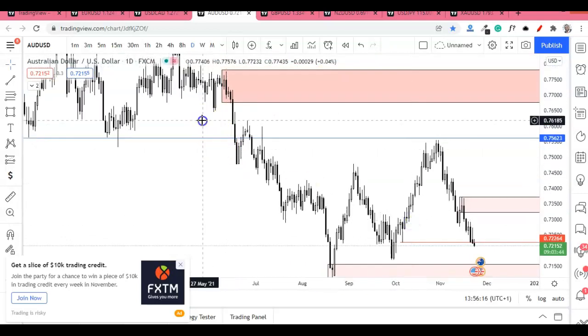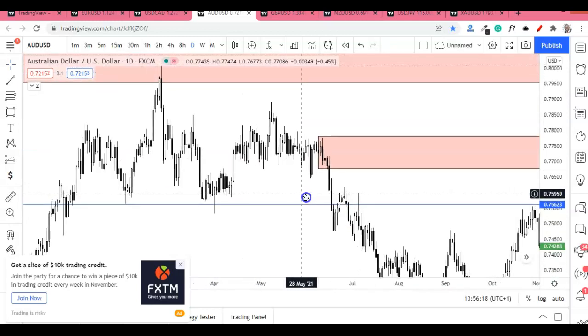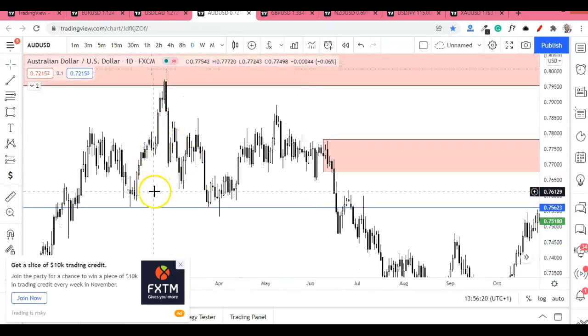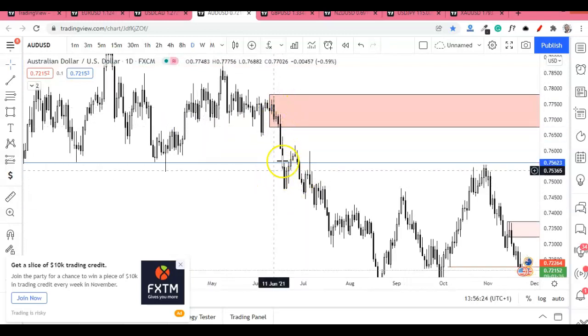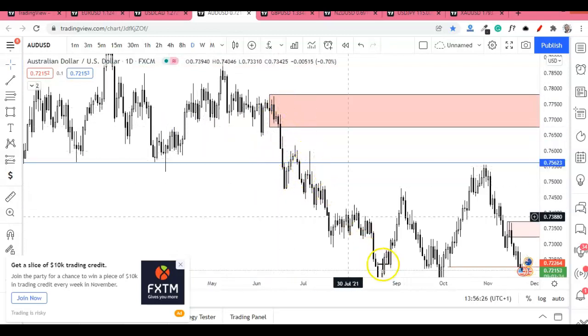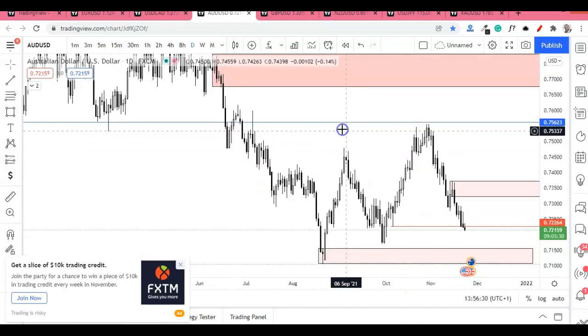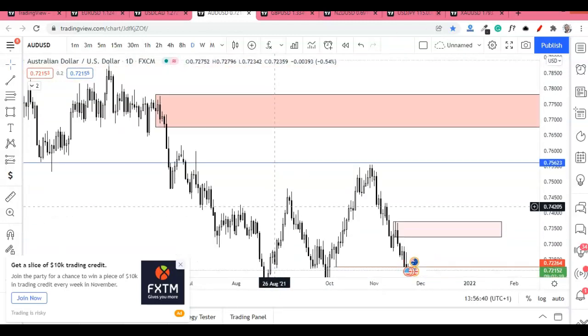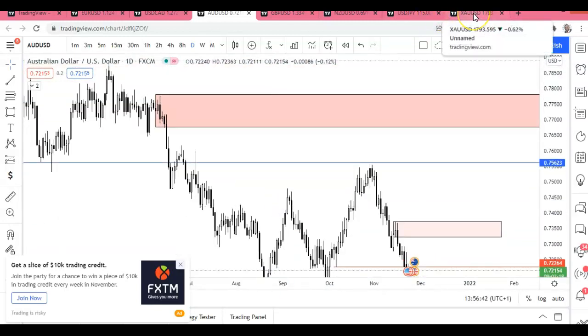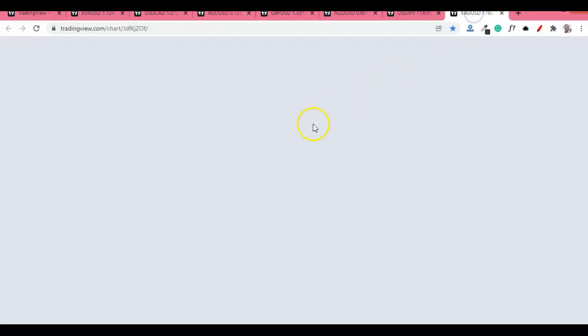For a continuation, this is a drop, a base, all these are base, then a drop base drop formation. Okay, same thing with this. We have a drop, this is a base. You can see there's an imbalance here, drop base drop. Okay, so that is how to identify a supply and demand zone.